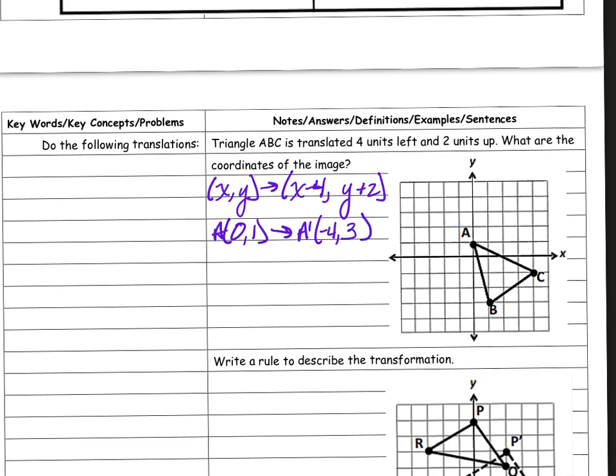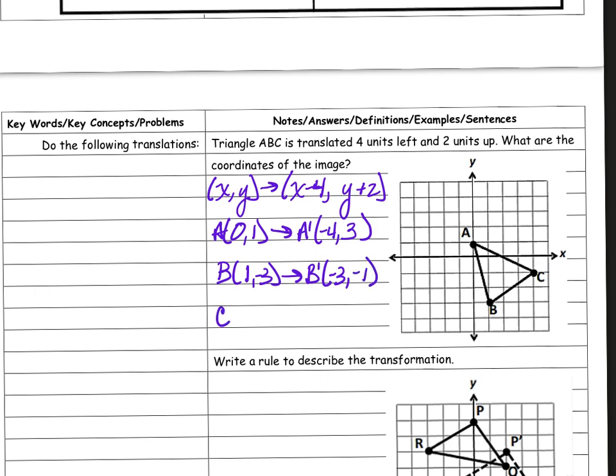Great. Where's B at? B is at (1, -3). And that becomes B prime, which is, let's see, 1 minus 4 is negative 3. And negative 3 plus 2 is negative 1. Awesome.